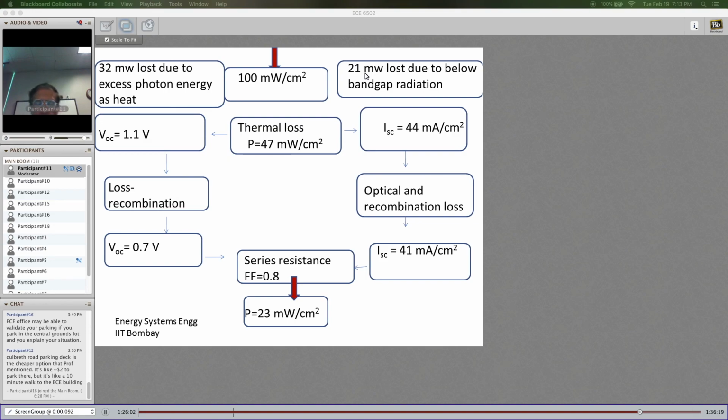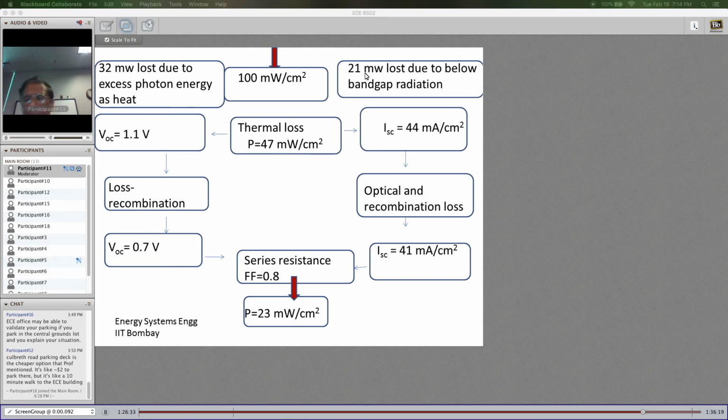So now, if you look at it, the best you can do is about 21 milliamp per centimeter square current density, fill factor about 0.8, VOC about 0.7 volt. If you multiply these terms and divide by the incident power, you end up with more like 23% efficiency.